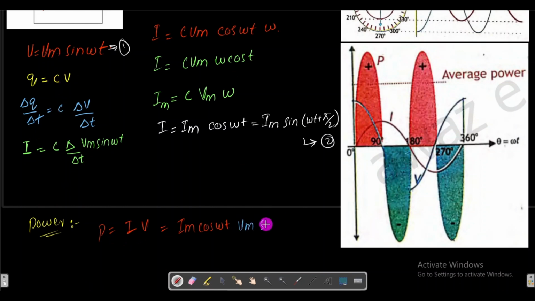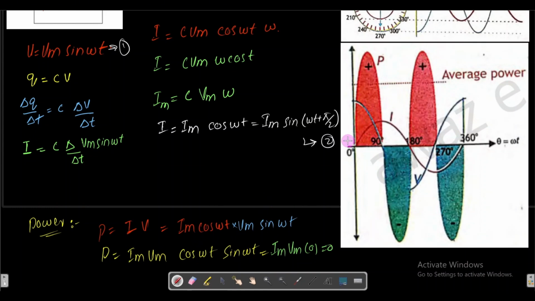So from here we can put Im Vm cos omega t multiplied by sin omega t. If we multiply cos omega t and sin omega t, it will give us the zero value, so it becomes Im Vm into 0, which is equal to 0. So the power in this case is 0.